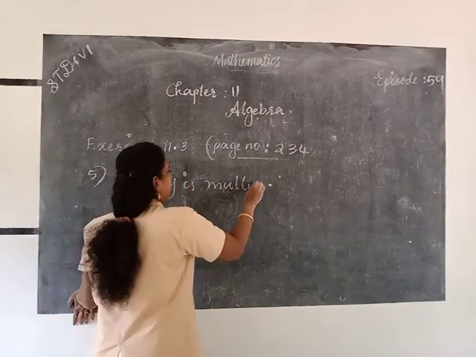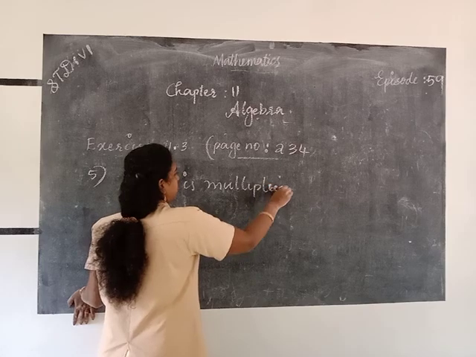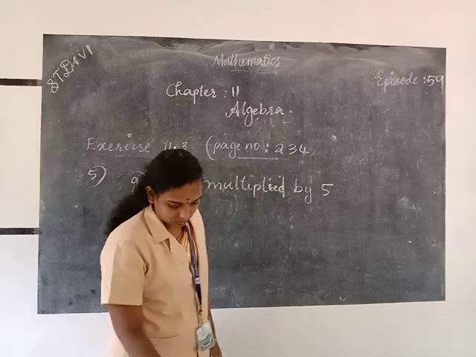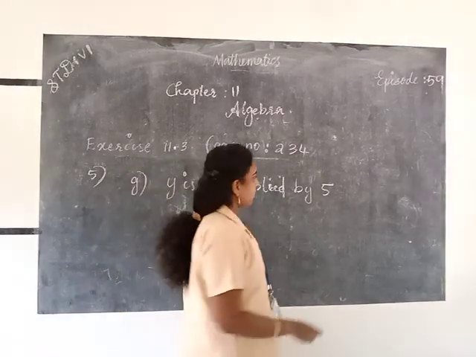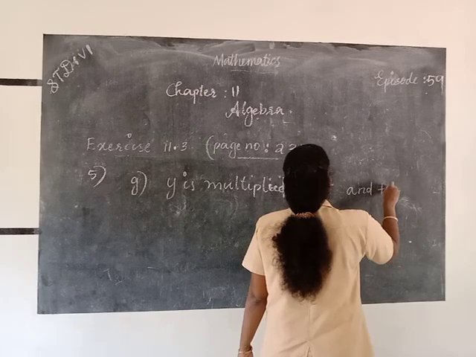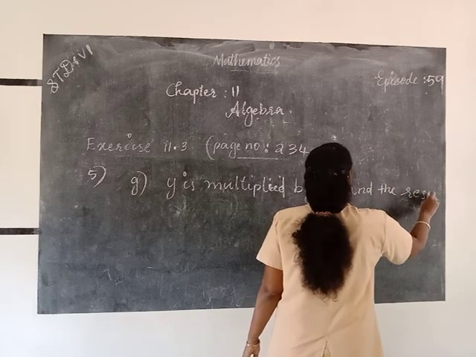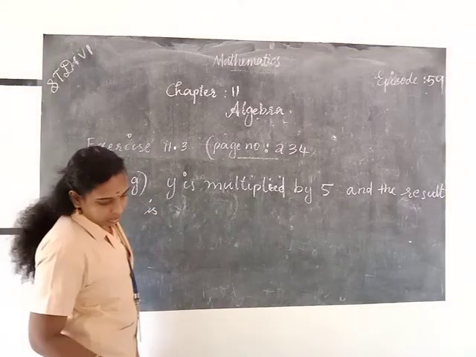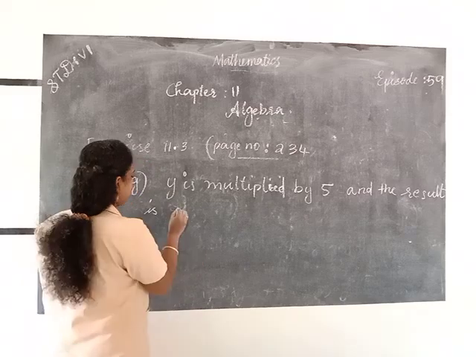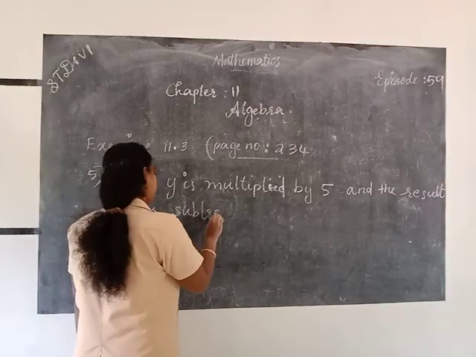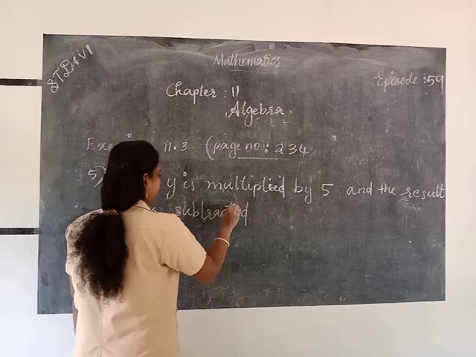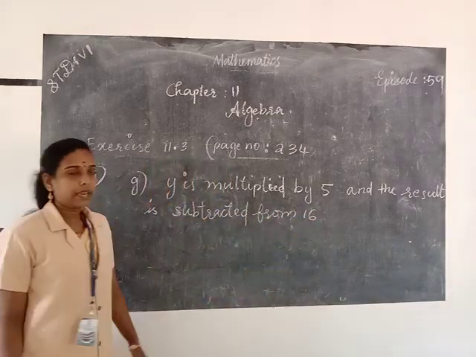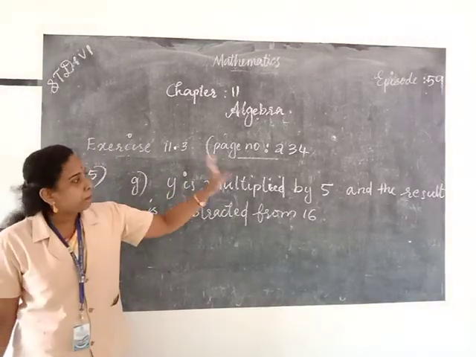Y is multiplied by 5, and the result is subtracted from 16. Here listen, y is multiplied by 5.